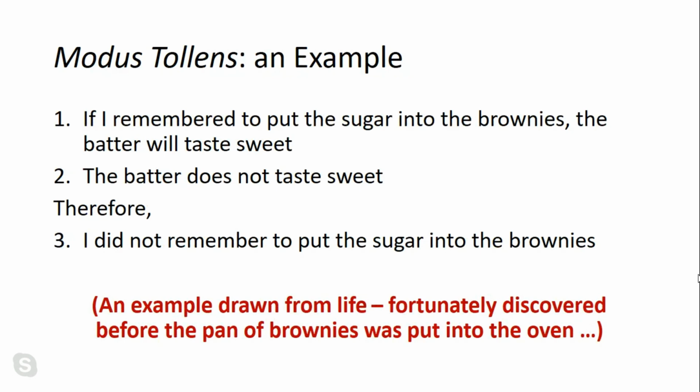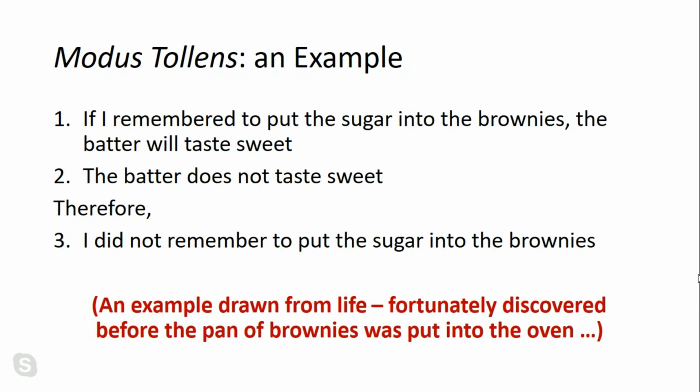Fortunately, it was discovered before the pan of brownies was put into the oven, so the sugar did get added and the brownies came out great in the end. But it's a very simple, humorous example of an argument structure that we can fit together with what we saw in the previous slide. If A, then B, not B, therefore not A.